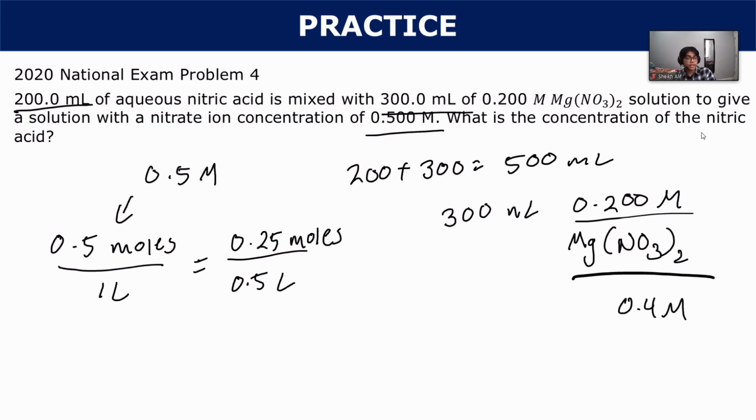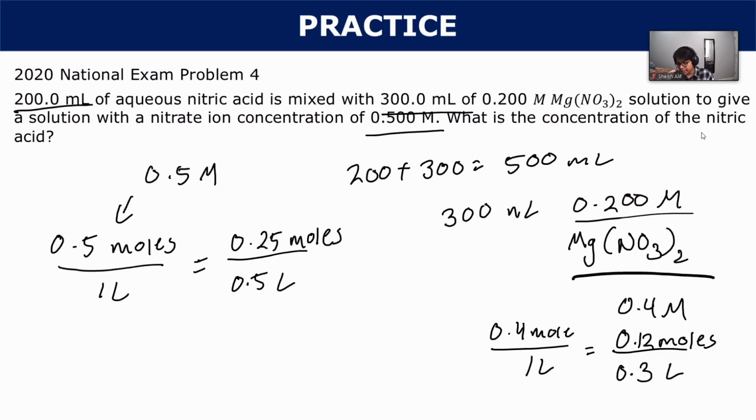It's going to be 2 times that, because per one molecule of Mg(NO3)2 you're going to have two nitrate ions. And so this 0.4 tells us that we're going to have 0.4 moles in 1 liter. So how many moles are there in 300 milliliters or 0.3 liters? And so if we do the math, that's going to be about 0.12 moles.